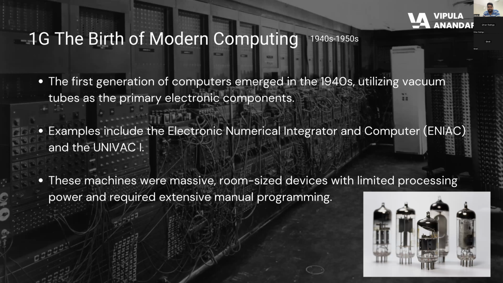These machines were extremely huge, and they consumed a massive amount of power, because all these small vacuum tubes were there, and they literally consume power. I will share a link from a channel called Veritasium.